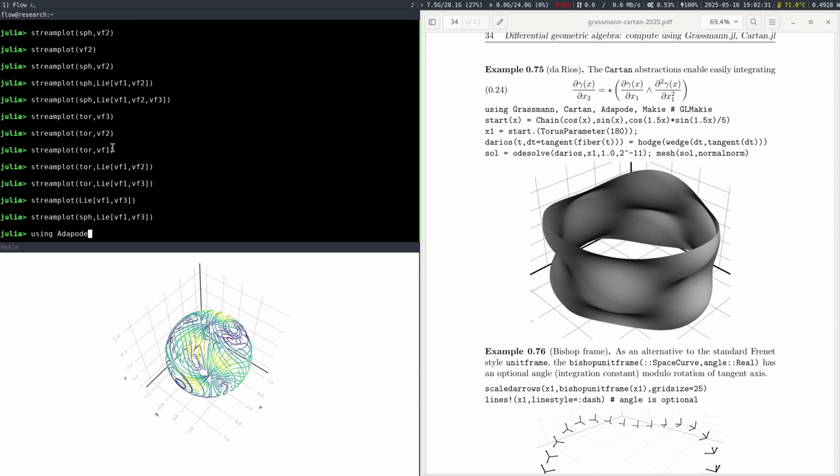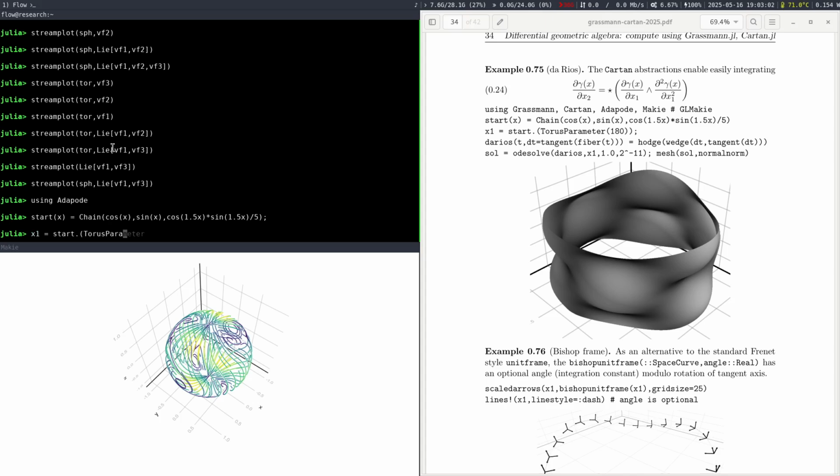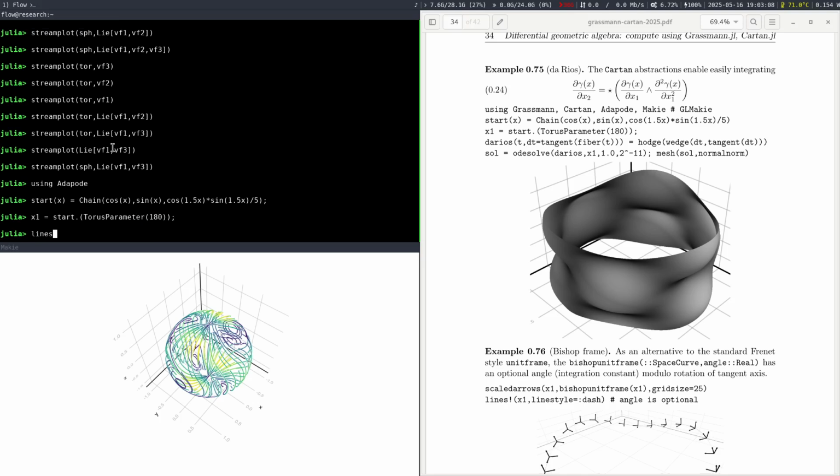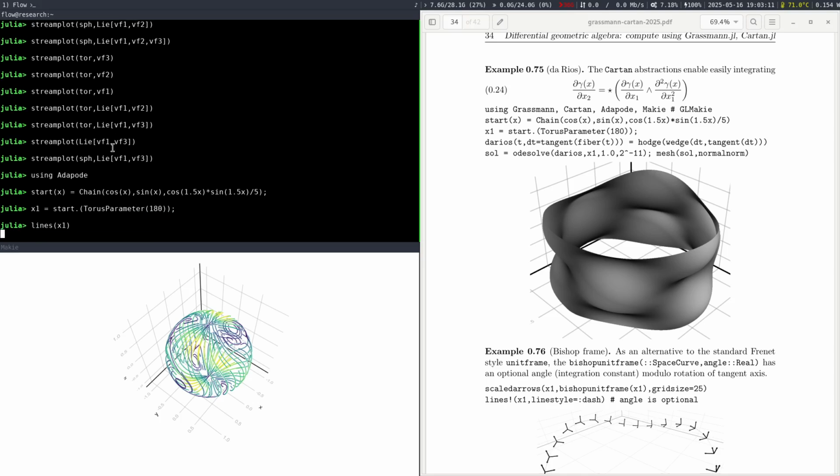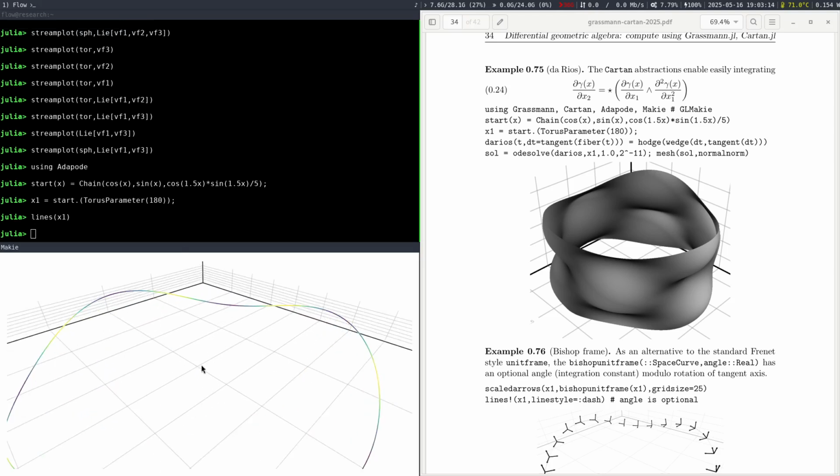So we're gonna load AdaptODE. So now we have this line here.